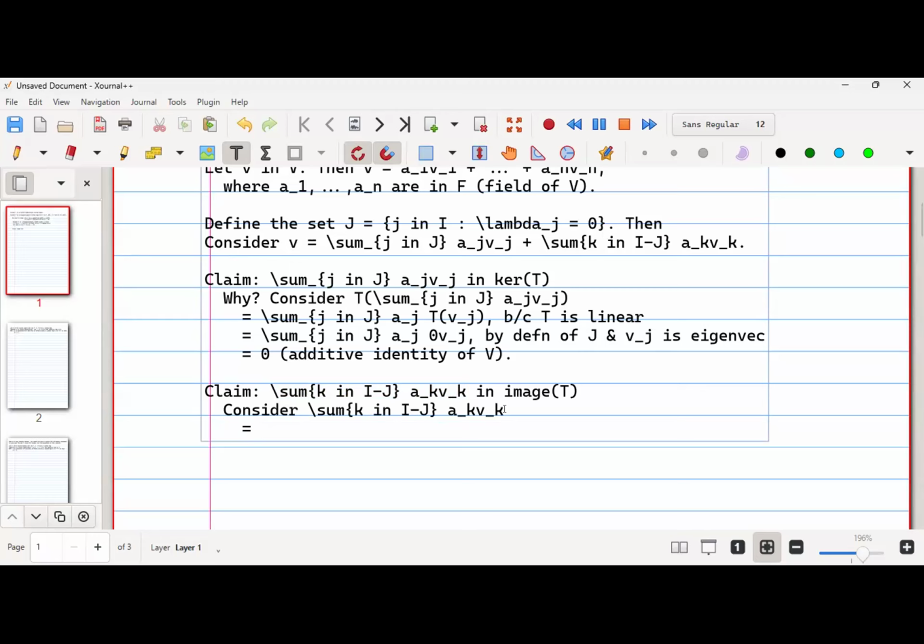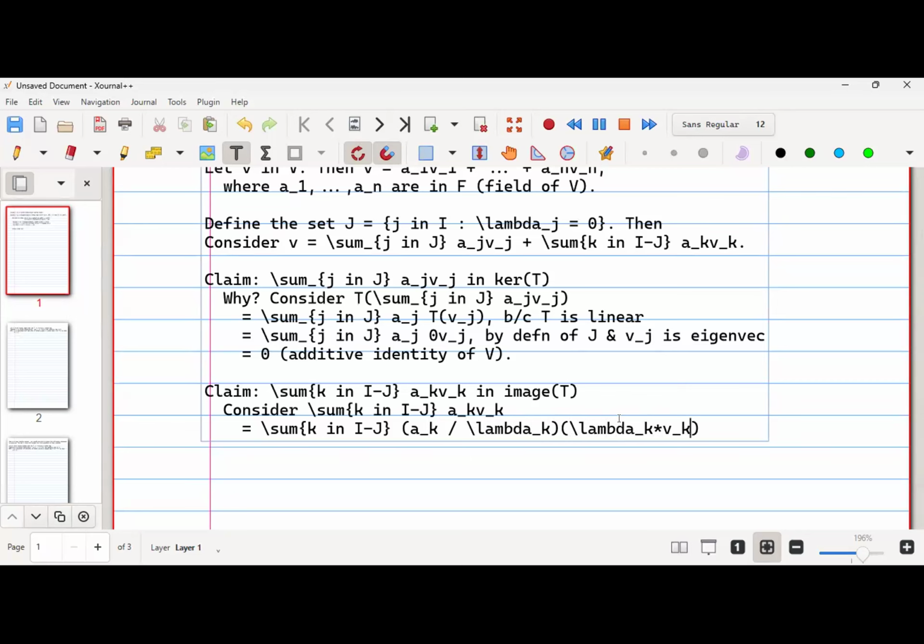This might not make complete sense as to what I'm doing, but hopefully you'll see what I'm trying to do. And then here we'll divide it out by lambda. So here we just multiply and divide by lambda k, and that is equal to 1.